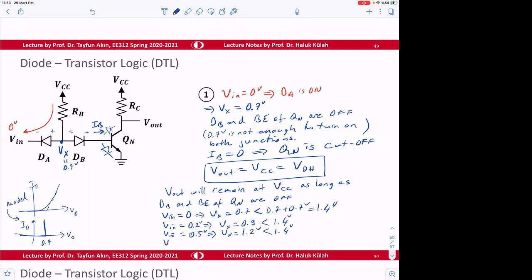So when Vin is 0.7 volt, Vx is equal to 1.4 volts, which is equal to 1.4 volts. So the diode and Qn start turning on.